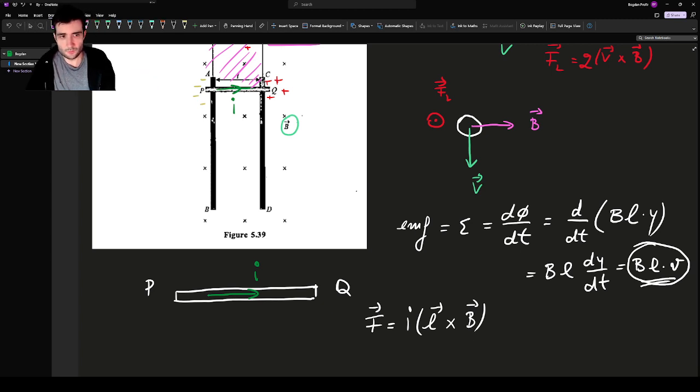And then we said that B is pointing like this into the screen.